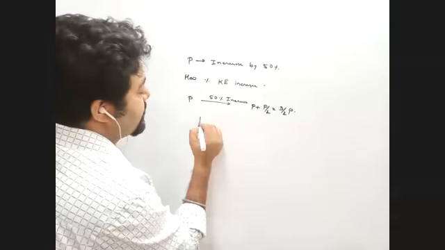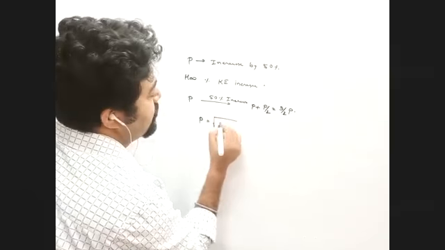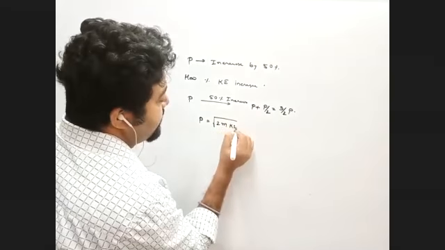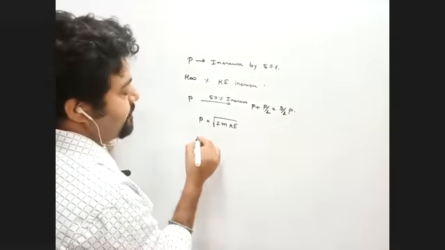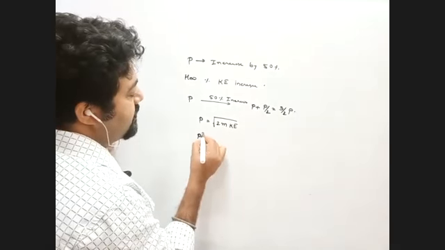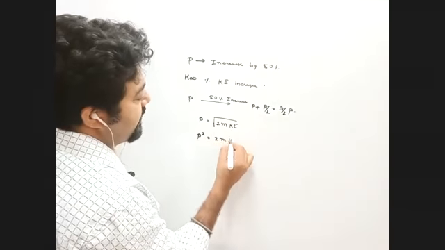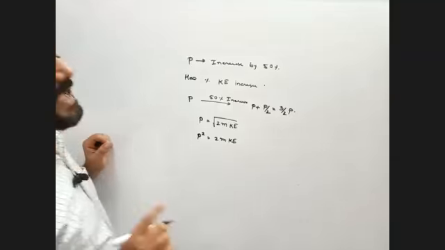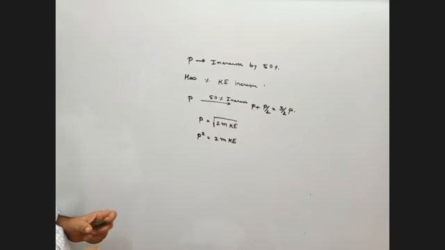Now we know the relation P equals root under 2m kinetic energy, and squaring both sides, P square equals 2m kinetic energy. As they did not mention the mass, we suppose the mass is constant.